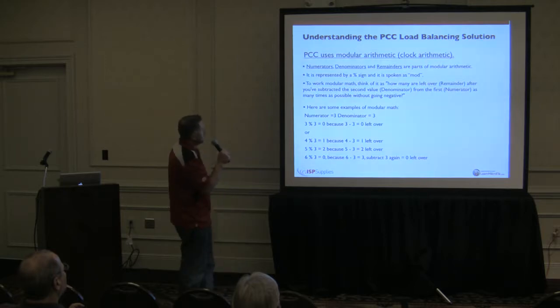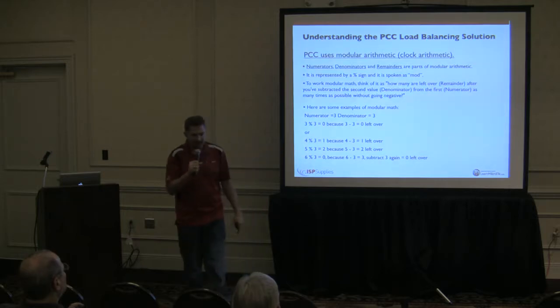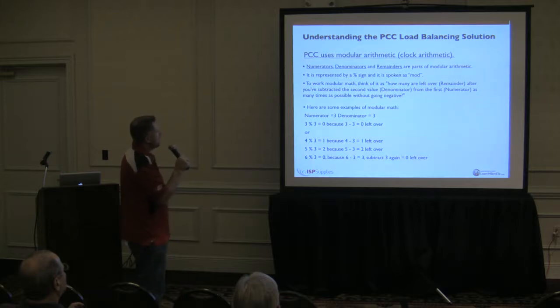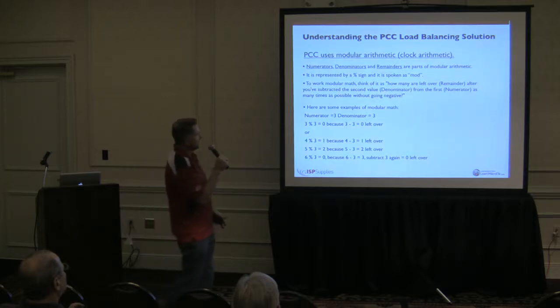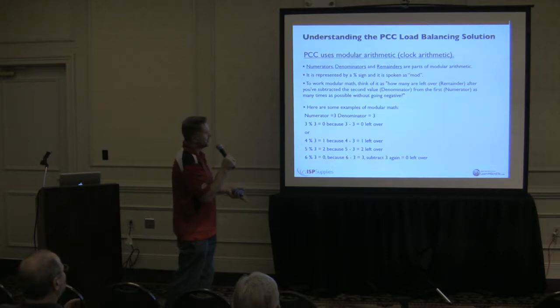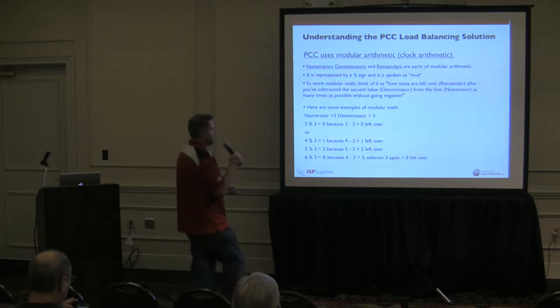So it's represented by a percent sign, and whenever it's used in modular math, the percent sign is pronounced as mod. So to work modular math, you can think of it as how many are left over, that is the remainder, after you have subtracted the second value, the denominator, from the first value, the numerator, as many times as possible without going negative.